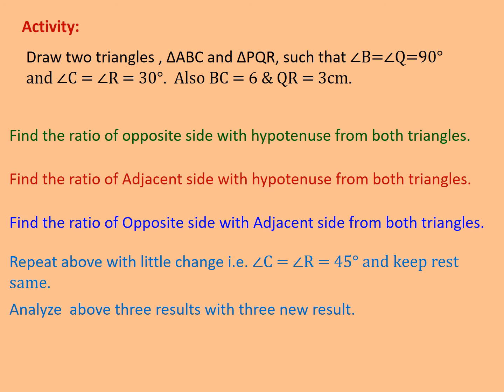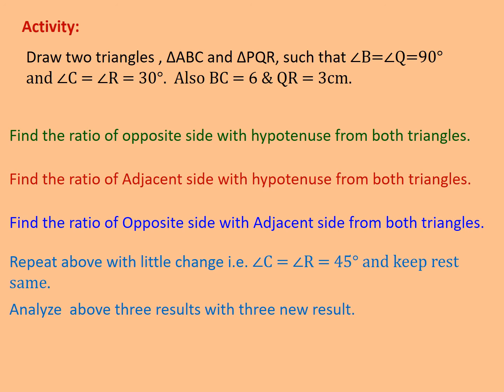You need one side for the construction. So let us say BC is 6 centimeters and QR is 3 centimeters. Then you need to find out the length of all the other remaining sides.